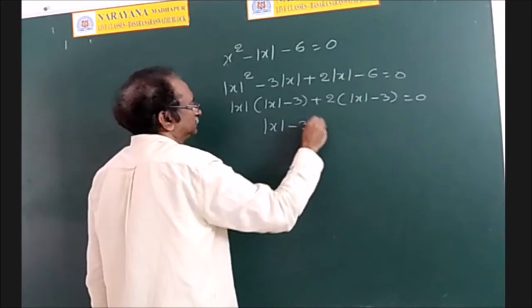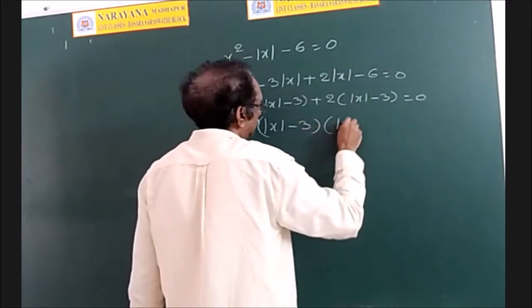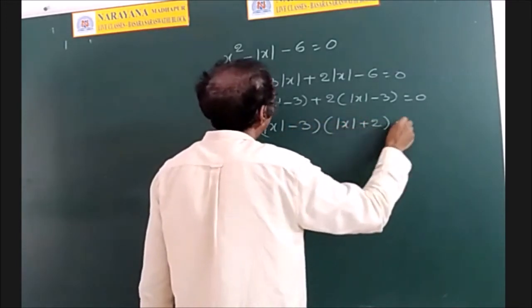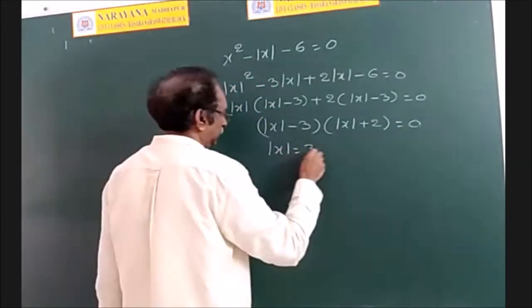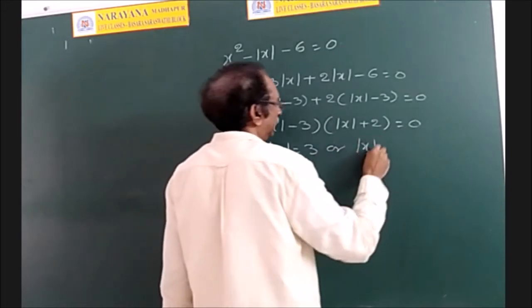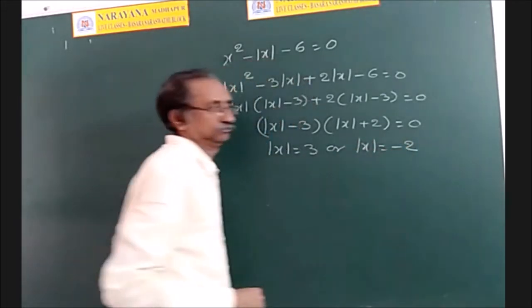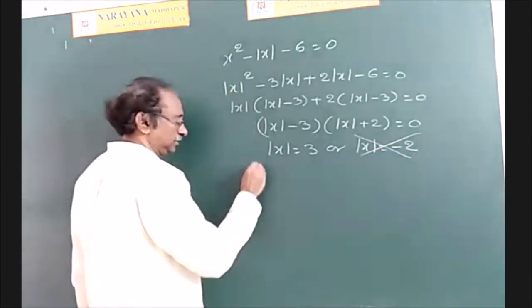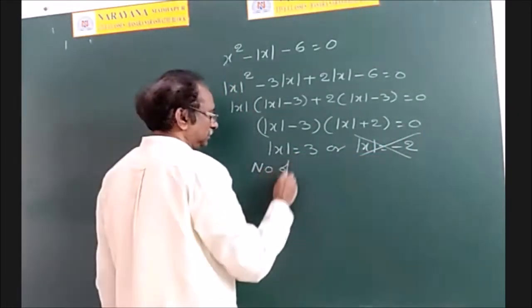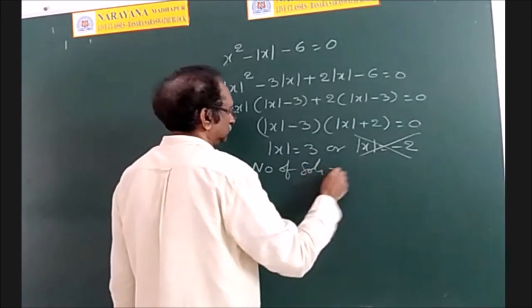Therefore, mod x minus 3 into mod x plus 2 is equal to 0. And therefore, mod x is equal to 3 or mod x is equal to minus 2. So mod x equal to minus 2 has no solution, and mod x equal to 3 gives two solutions. So number of solutions is equal to 2.